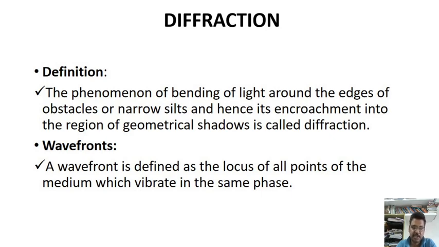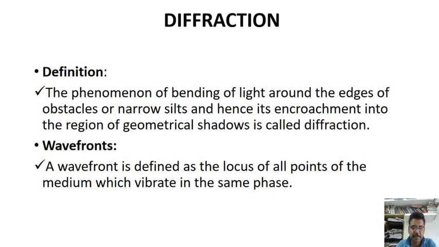Next, we discuss wavefront. A wavefront is defined as the locus of all the points of a medium which vibrate in the same phase at a given instant of time.